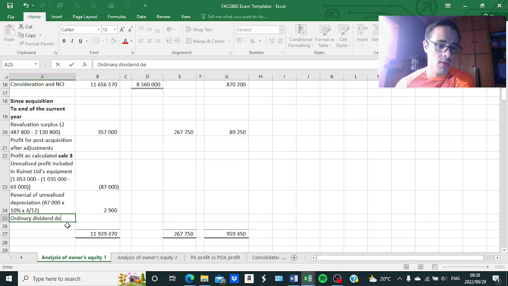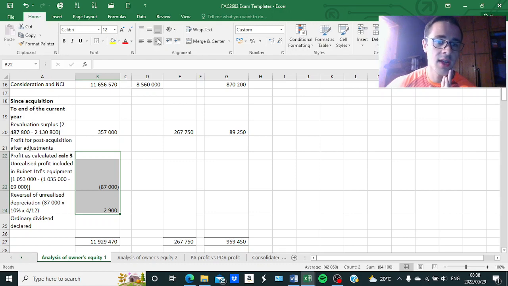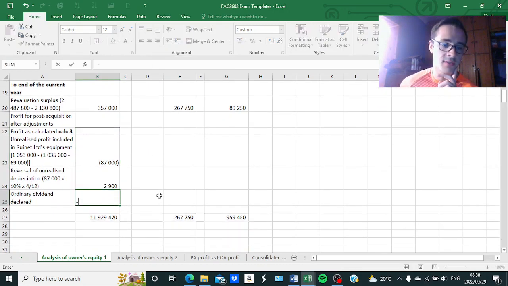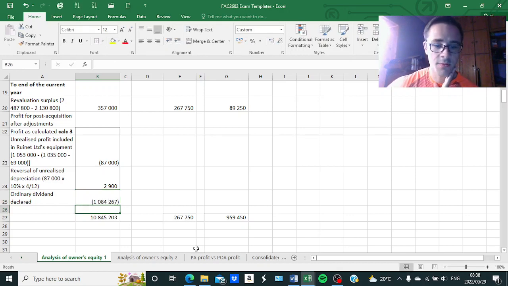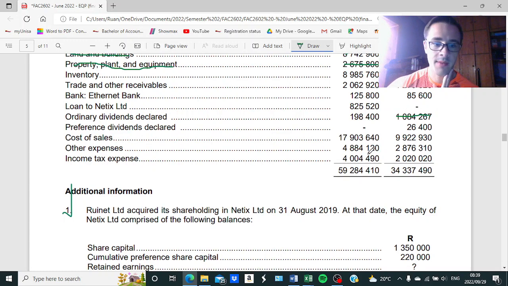Remember to keep the ordinary dividend declared separate from the adjustment of the profit, because ordinary dividends do not represent an expense item. So it must be kept separate, and the amount of dividends paid would be 1,084,267.